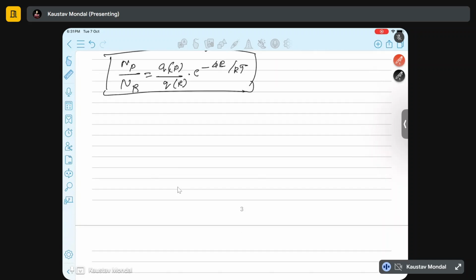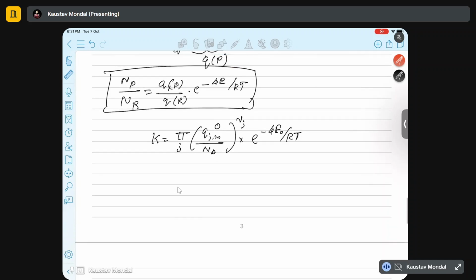We try to find out whether a relation between these two equations exists or not. Okay, so the equilibrium constant K we can write like this: summation over j, qj by Na, to the power nu j, where nu j is the stoichiometric coefficient, into e to the power minus delta E0 by RT. Delta E0 is the change in the zero-point energy.